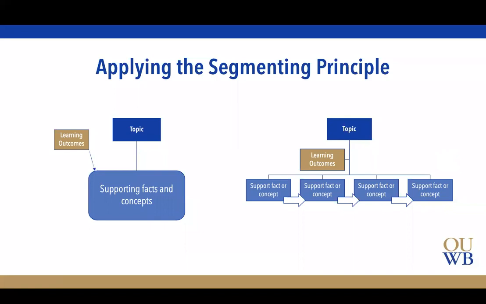A good real world example of chunking is how we share phone numbers. If I were to tell you my phone number and just spewed out 10 digits as individual digits, you're far less likely to remember what my phone number is versus if I give you the 3-digit area code as one number, the next 3 digits as one number, and the next 4 digits as one number.